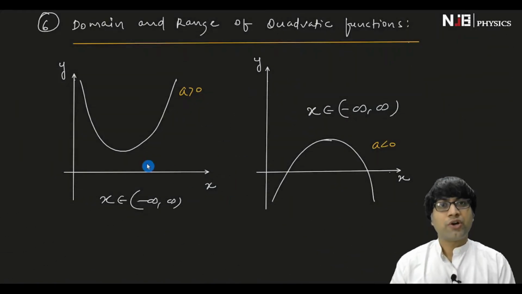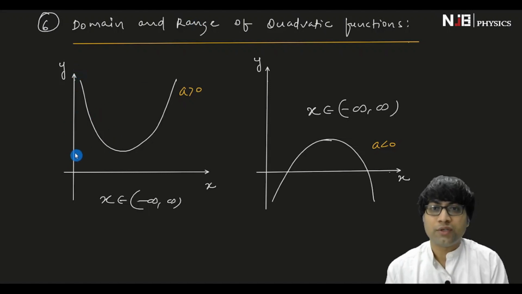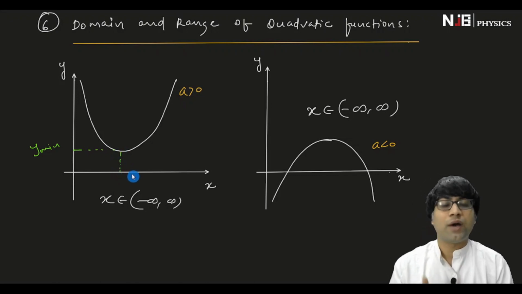Let's now talk about the range of this function. That means what all values y can take. You can see that in the first case, there is no upper limit of y. It can go up to infinity. However, there is a lower limit of this y. That means y is going to be minimum at a certain value of x. And we have already studied what is that value of x at which y is going to be minimum.